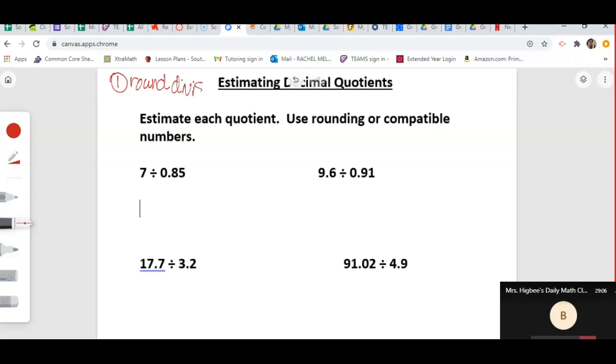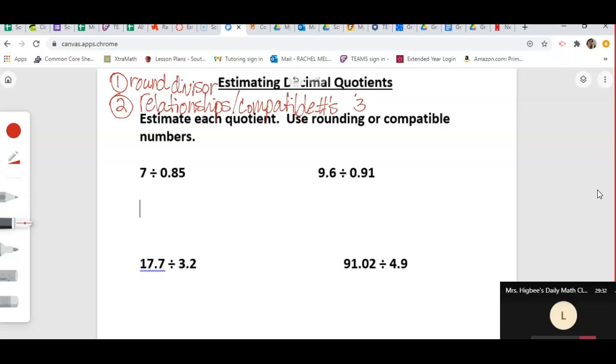I know that's kind of a weird word. Okay. Lyric, can you tell me the second step? Okay, so you're very correct. Yes. So the relationships, remember that's looking at the multiplication chart, and then you make your compatible numbers.